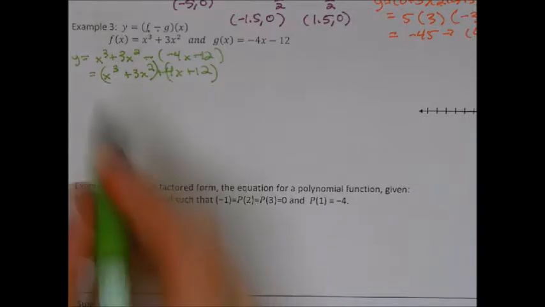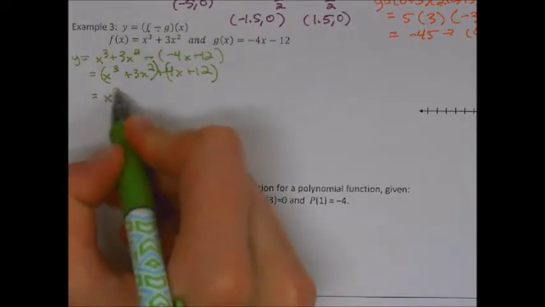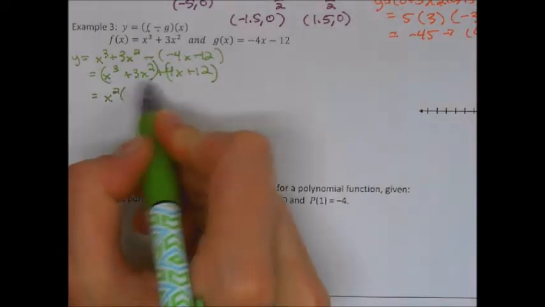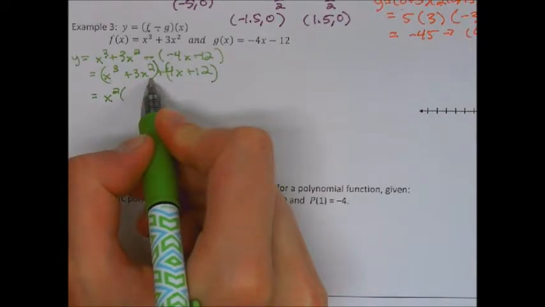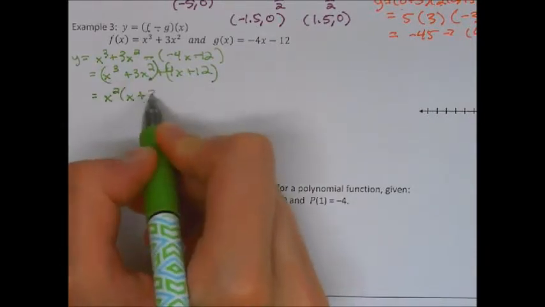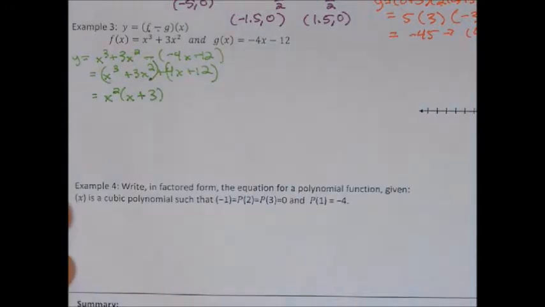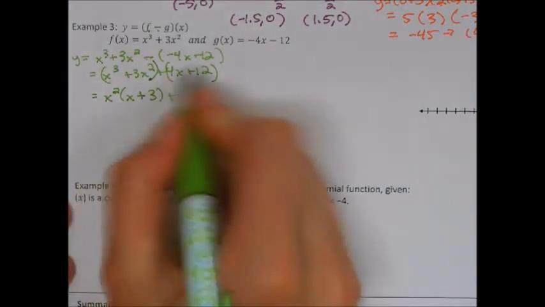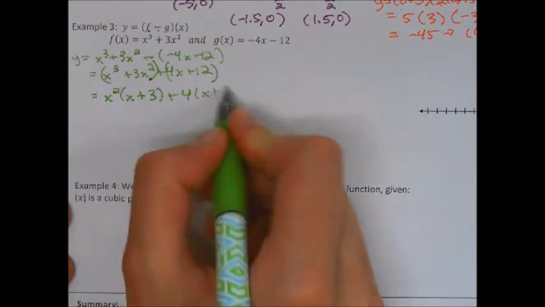Now that you've had time to keep going, my GCF here is x squared times x plus 3. My GCF here is 4.